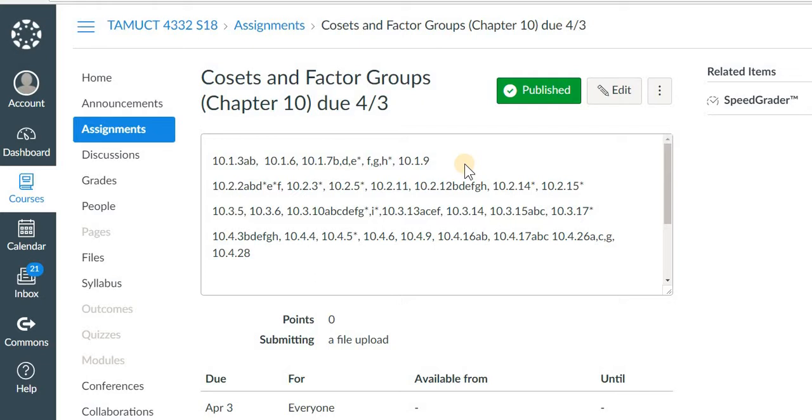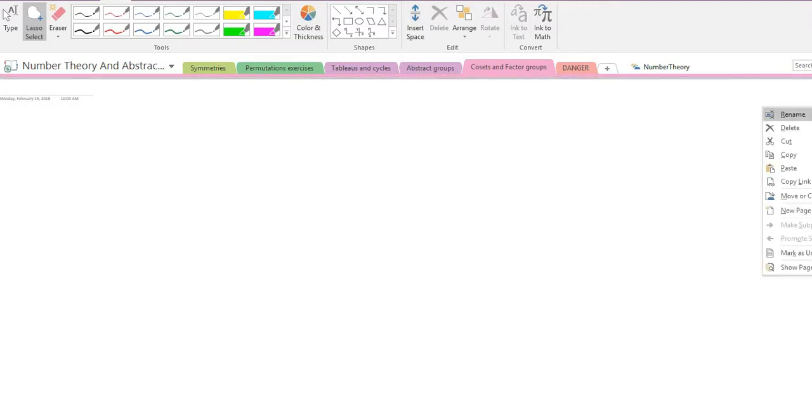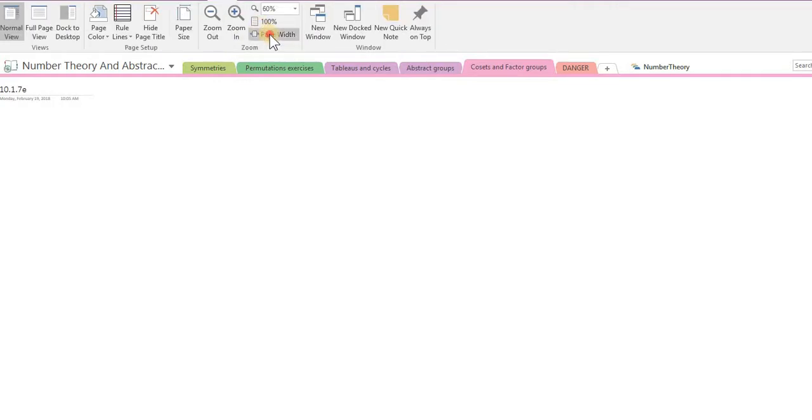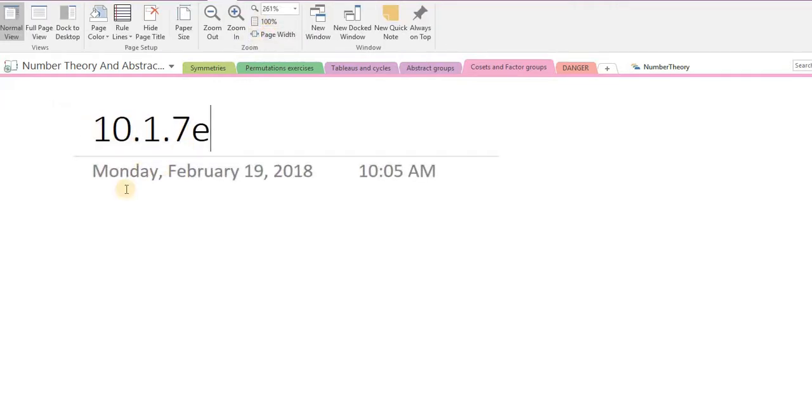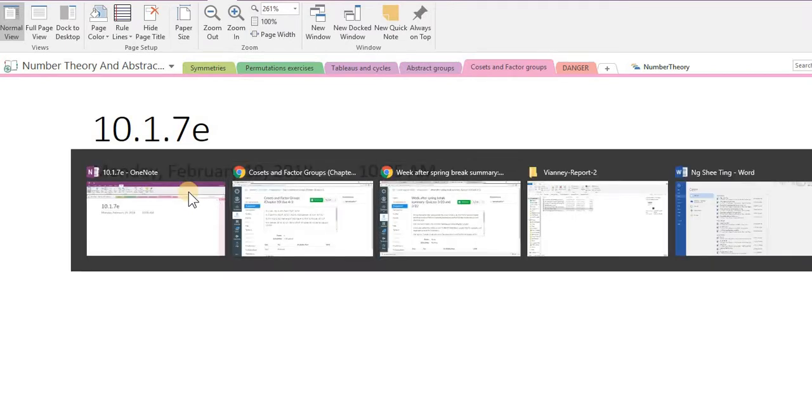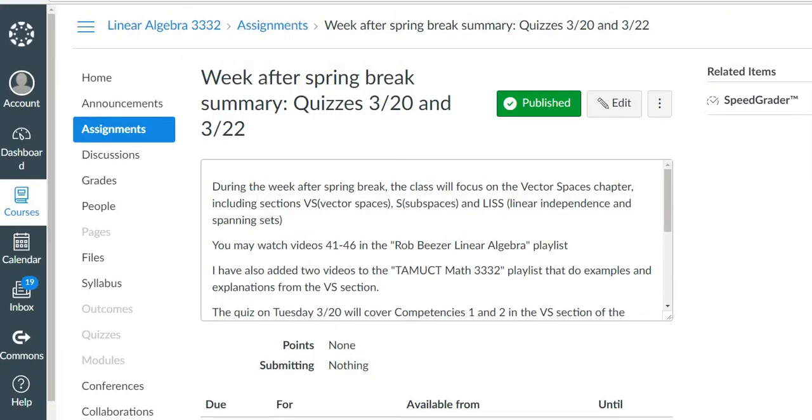And let me go to OneNote. So the first one I was going to do is 10.17E. So let me put that on my OneNote here. Okay, and I'll make that bigger so you can see it. And I should just be able to clip it and put it on the screen. Let's see if I can do that. Need to get to my book.